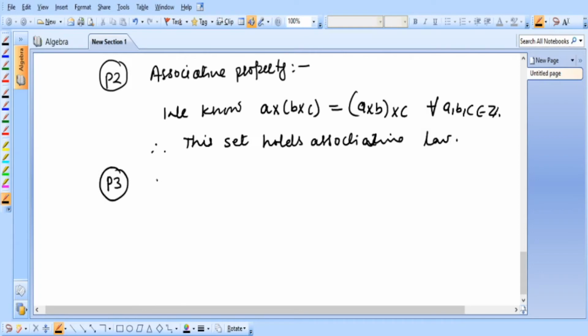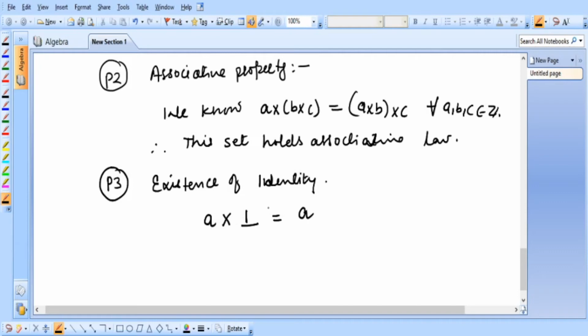Now, property 3, existence of inverse. No, sorry, identity first. Identity. Okay. For identity, we need to find a number which, when multiplied to a, yields a again. Can we find such a number? Yes, and that number is 1, right? When 1 is multiplied to a, we get a again.